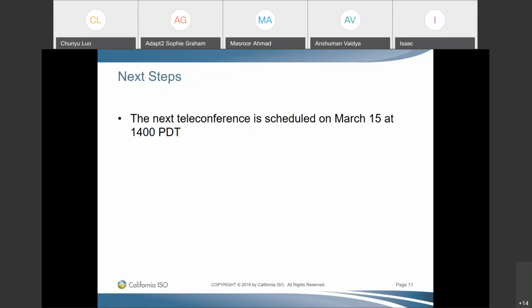Ever since the implementation of the Sierra enhancement, I think we have been having a lot of problems with the switching over of the Sierra ID to the LSE ID, and that has basically prevented our users from submitting RA substitutions. I think we were working with the ISO on that.